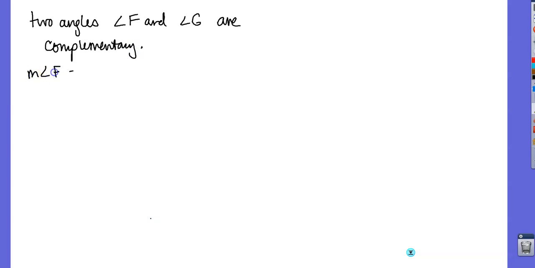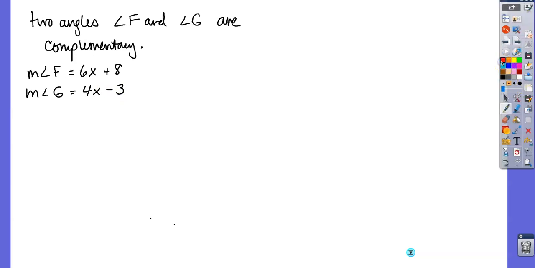Measure of angle F equals 6x plus 8, and the measure of angle G equals 4x minus 3. Okay? So you don't necessarily have to do a diagram, but a sketch could be super helpful. It's up to you.